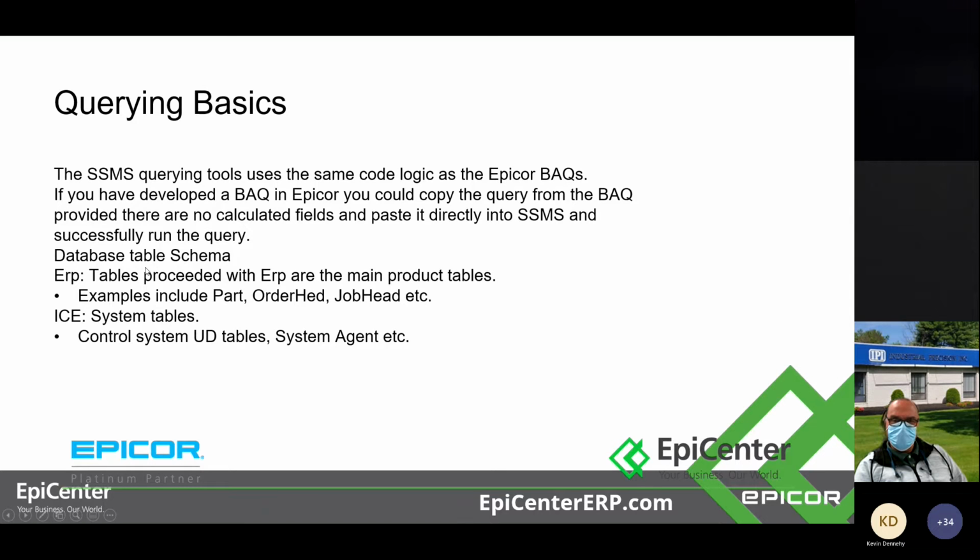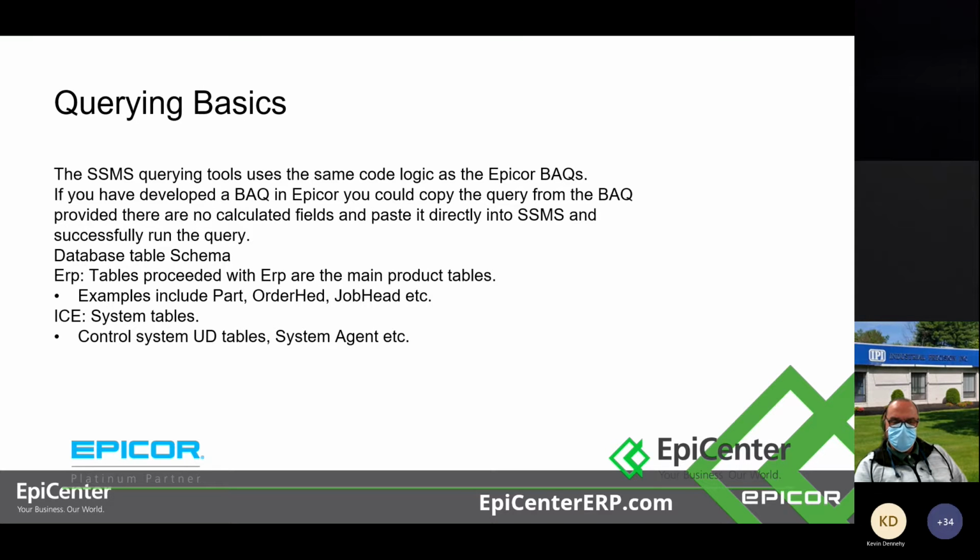So ERP tables are your base main product tables. These include your part table, your order head, your job head, tables that are your main functional tables. The ICE tables are your system tables.